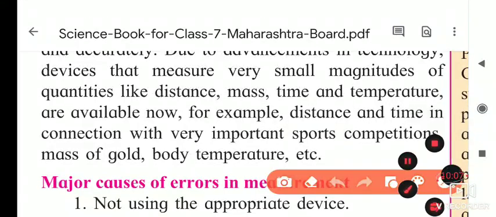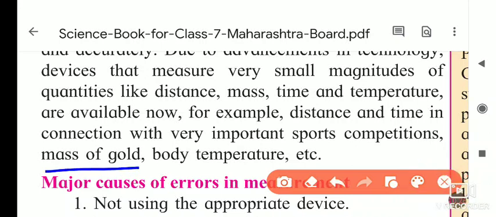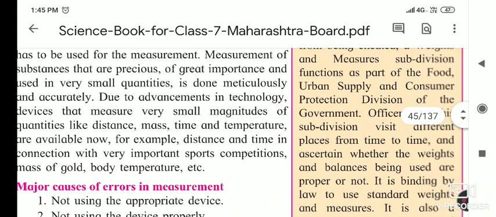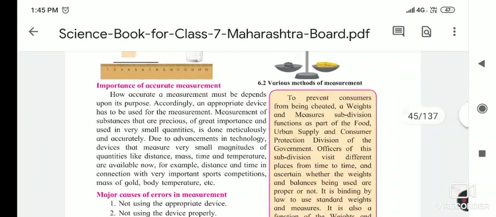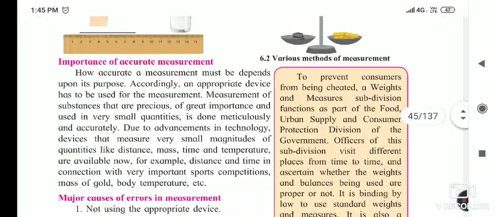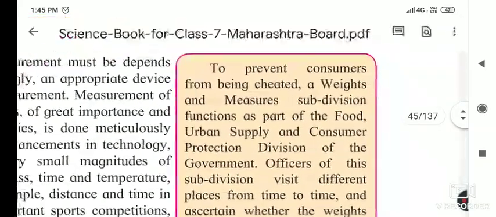As you know, in sports we measure the smallest part of a second also, while we have to decide the ranking. At that time we have to use an accurate measuring instrument. Then again, for the measurement of the mass of gold, we also need accurate measurement. So for accuracy, accurate measurement is very important.